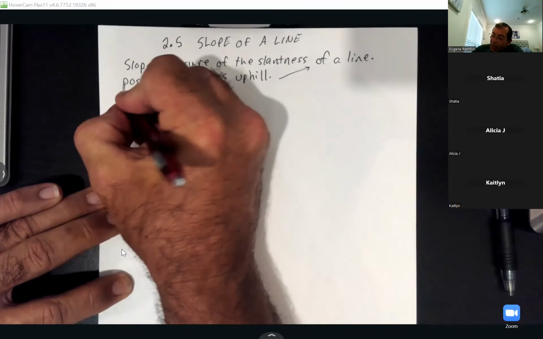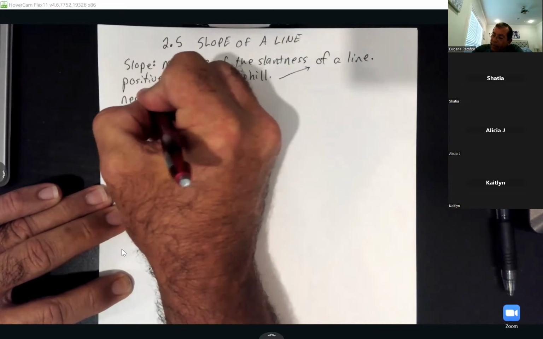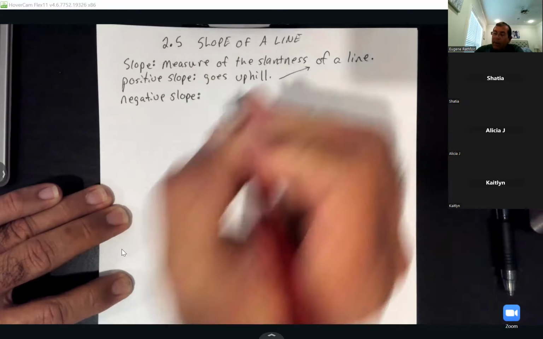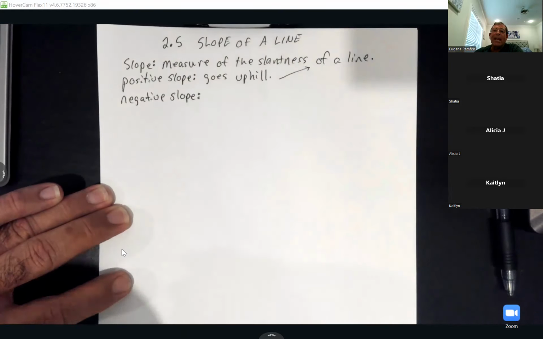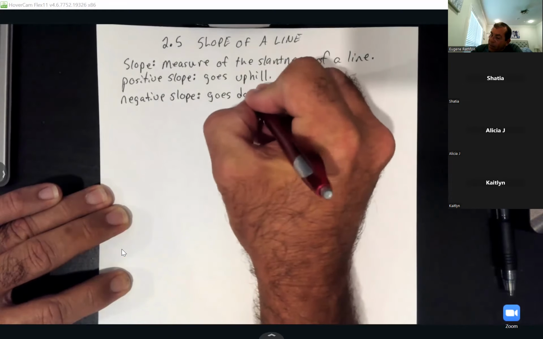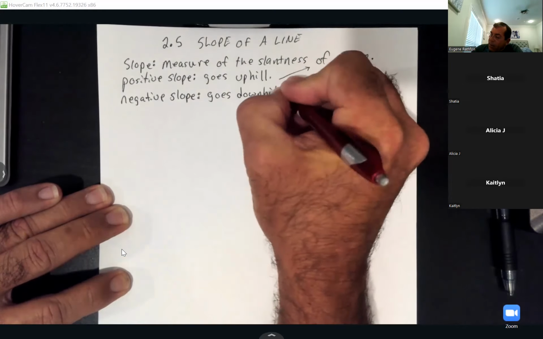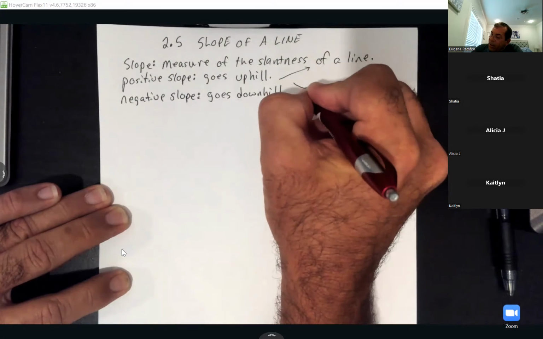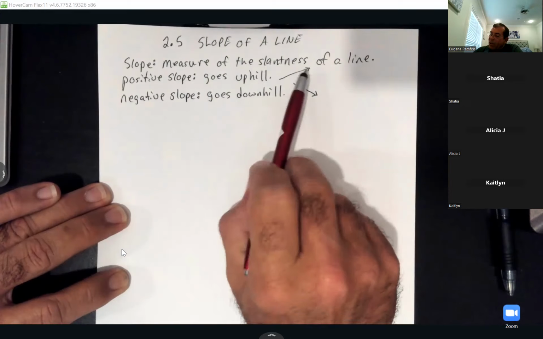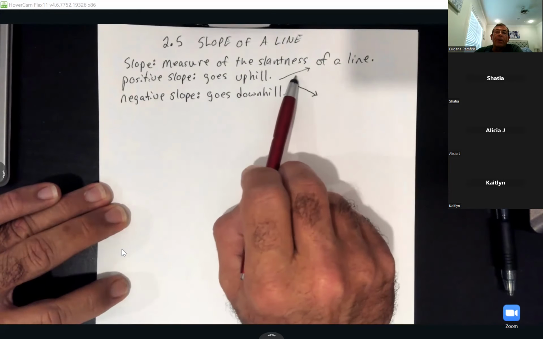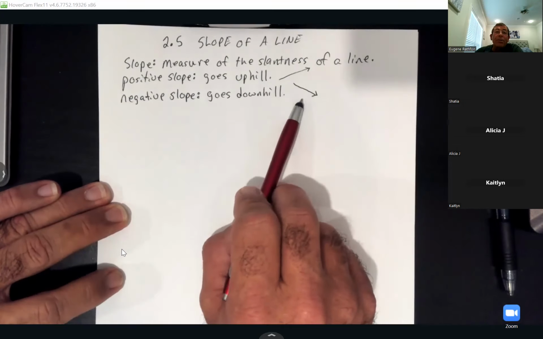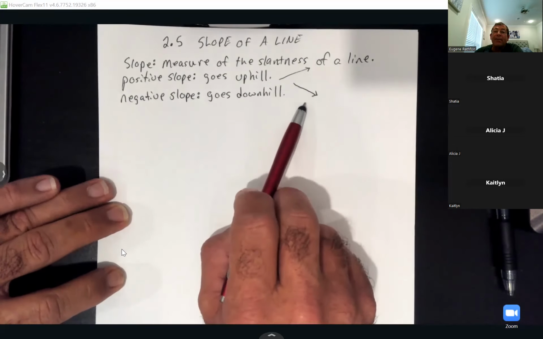A negative slope would go downhill left to right. So automatically I would know if I looked at a graph with an uphill line that the slope has to be positive. And if one's going downhill, that slope has to be negative.